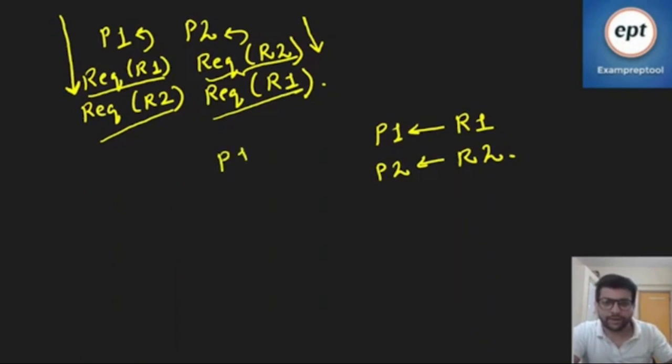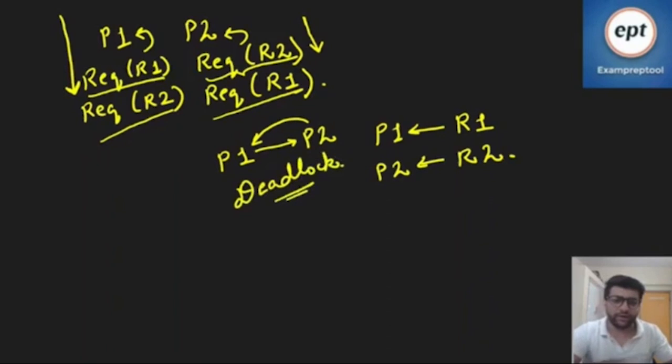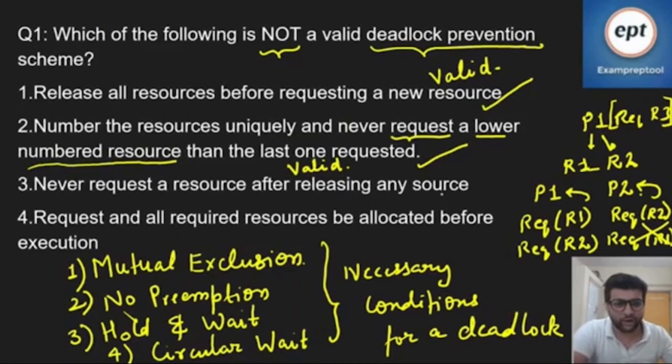That means P1 is waiting for a resource to be released by P2, and P2 is waiting for a resource to be released by P1. Hence, we can see that there is a situation of deadlock. Hence, we cannot say that this is a valid deadlock prevention scheme. So this is an invalid deadlock prevention scheme. The question was asking which of the following is not a valid deadlock prevention scheme. That is why this is the answer.